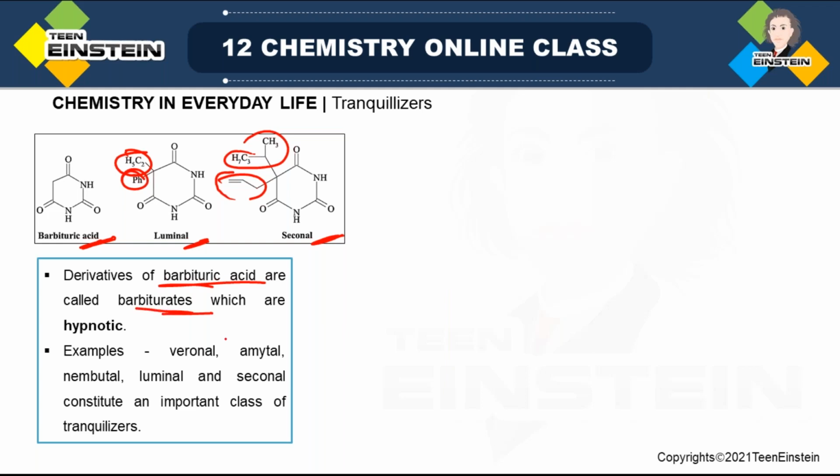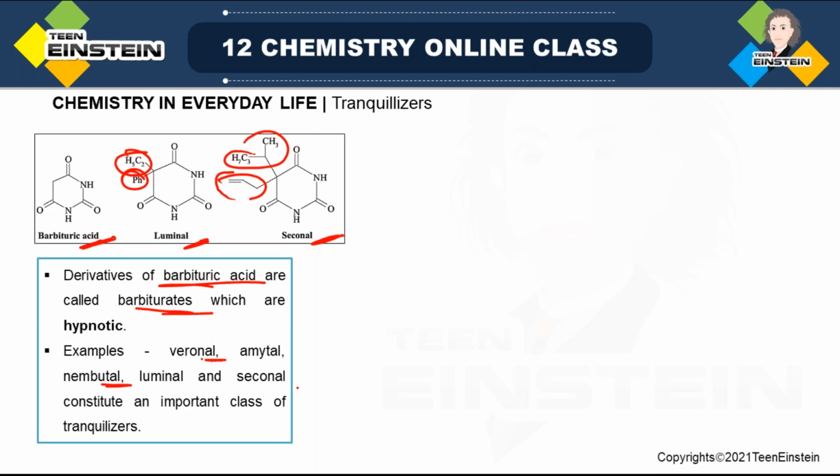or in short, barbiturates. They are actually hypnotic. Now, though here you can see different names, only the structures of luminal and seconal are given, and veronal, amytal, nembutal.